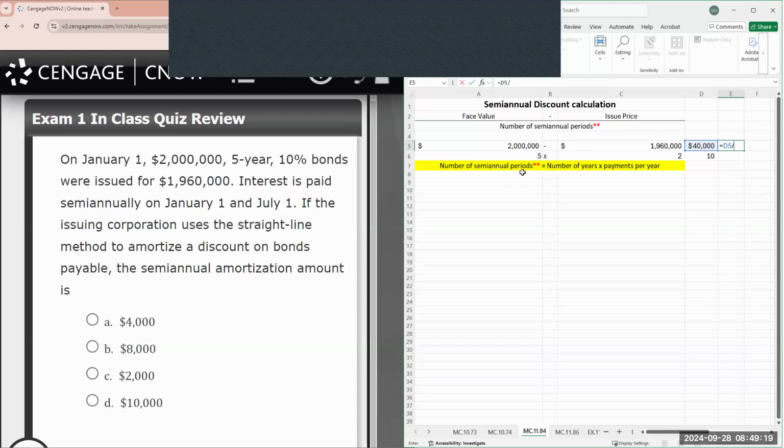And the number of semi-annual periods is the number of years, which is 5, multiplied by the payments per year, which is 2, because it is semi-annual. 5 times 2 is 10. So 40,000 divided by 10. Therefore, the semi-annual amortization amount is $4,000.